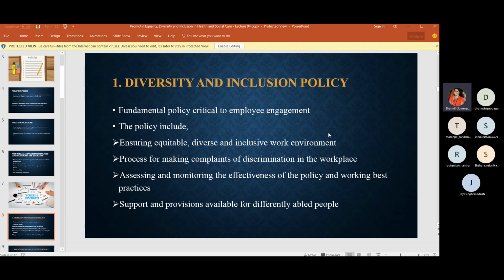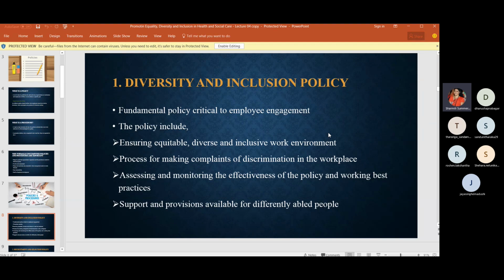Then, assessing and monitoring the effectiveness of the policy and working best practices. As I already told you, we saw this in the legislation also. It is not enough to impose rules or regulations.